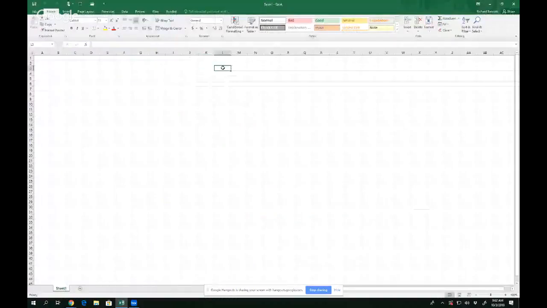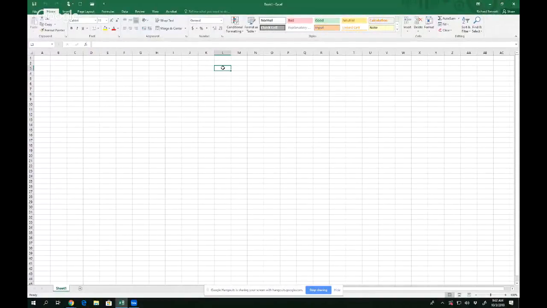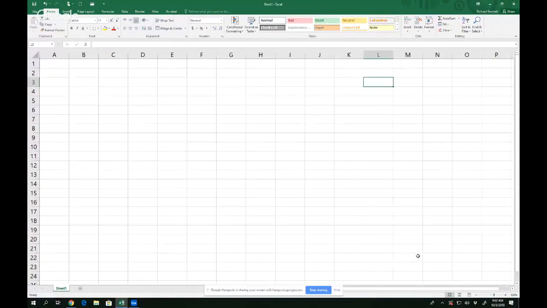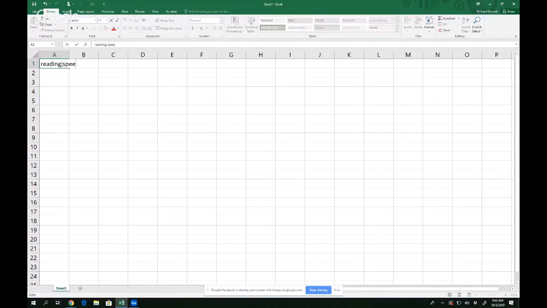Okay. So 21 in section 8.1 says: reading rates. The reading speed of second grade students is normal with a mean of 90 words per minute and a standard deviation of 10 words per minute.